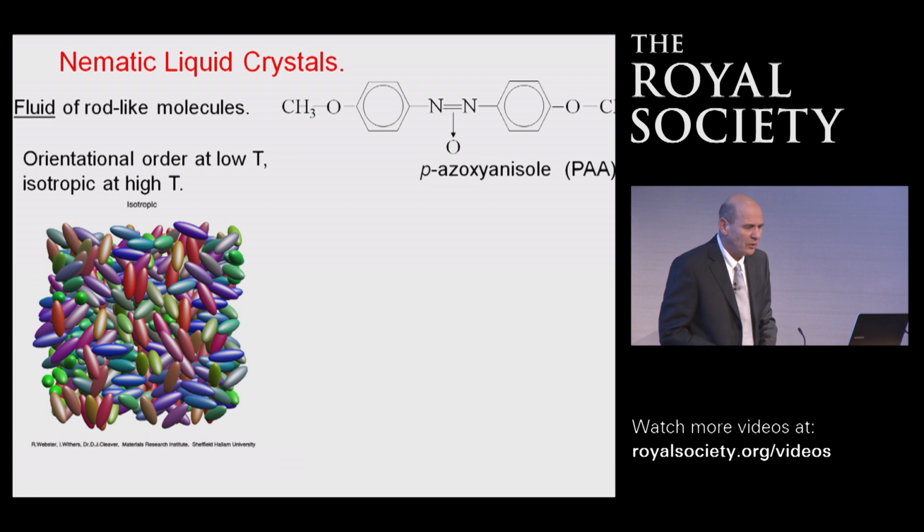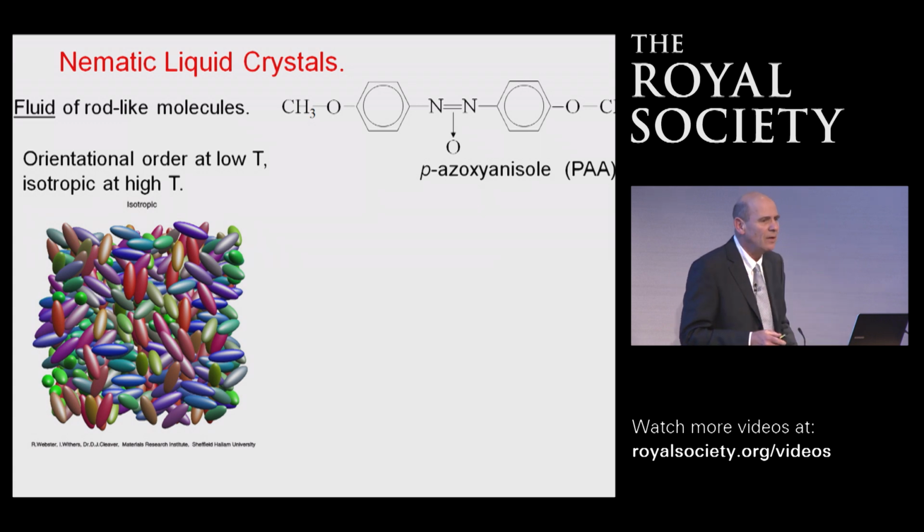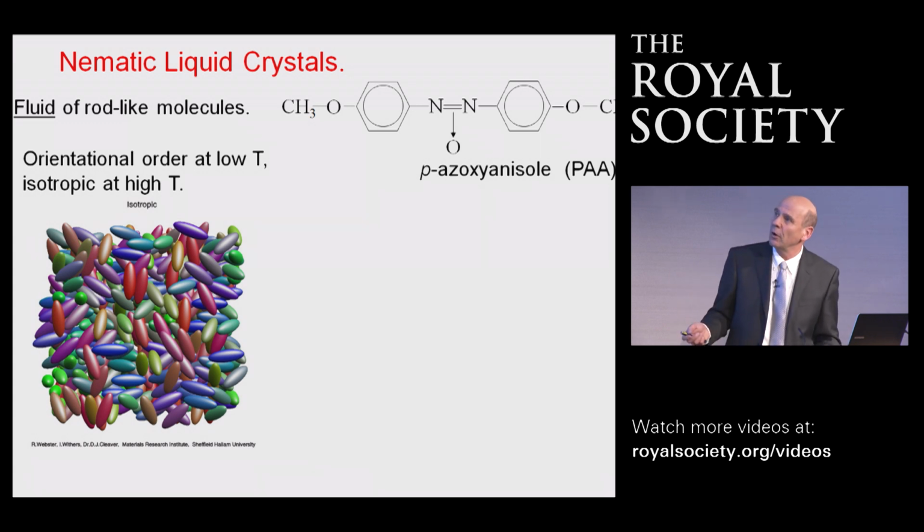So a liquid crystal, it's made of rod-like molecules. So the little rods, here's a computer simulation where the rod-like elements are like lozenges. And here's a molecule that is stiff in the middle, got some junk at the ends so it doesn't crystallize, so it remains a fluid for a long time.